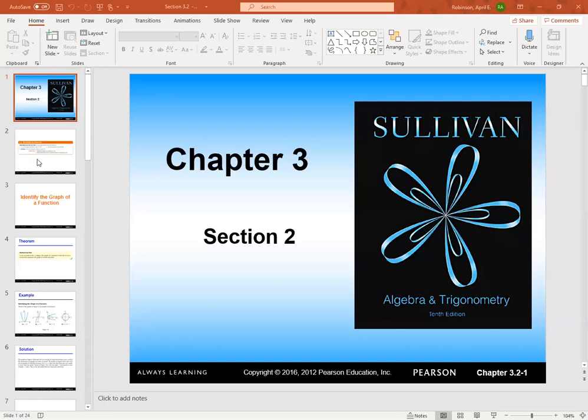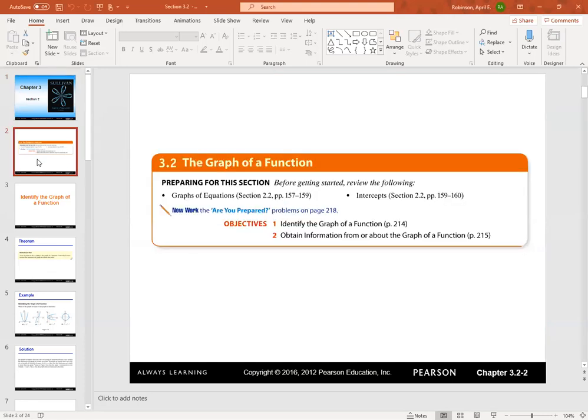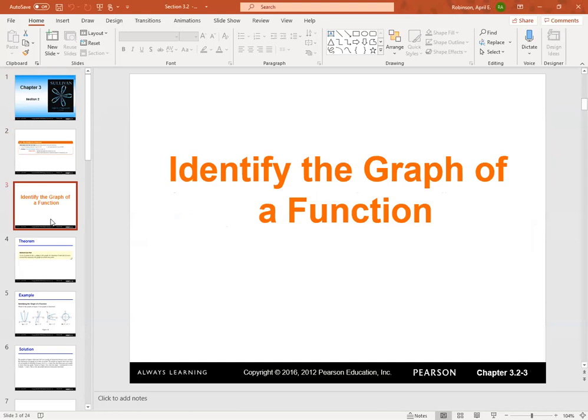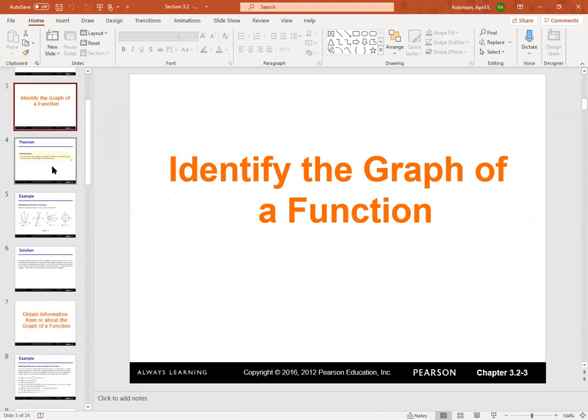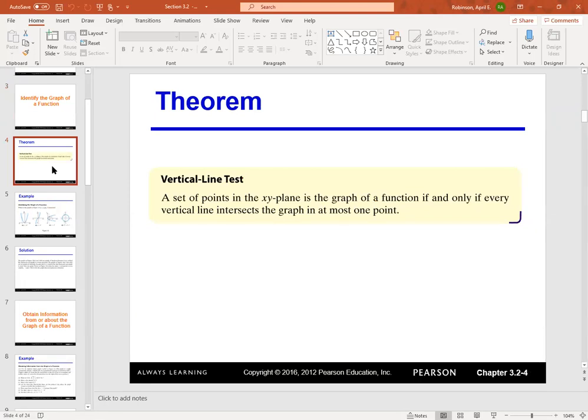All right. This is a pretty short section, so it's possible I may even be done early today. Woohoo! It only covers the graph of a function, and we're going to identify a graph and get information from that graph. So objective number 1 is identify the graph of a function. I talked about this the other day, the vertical line test.